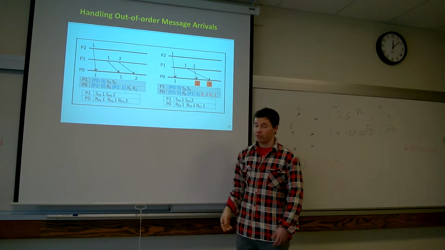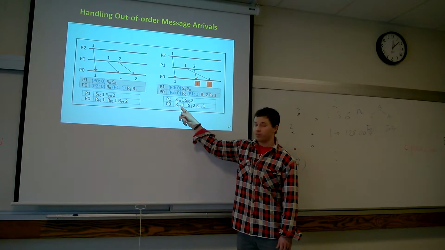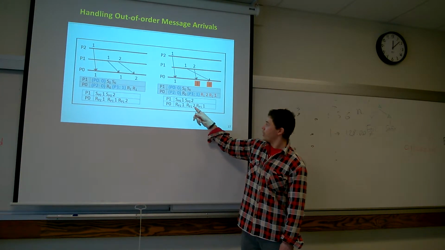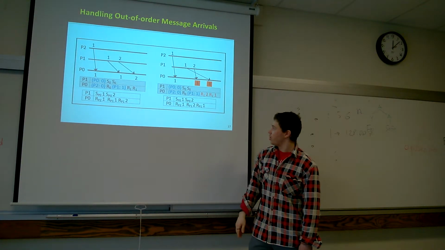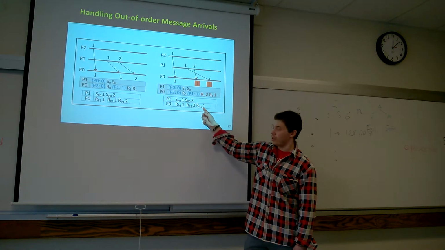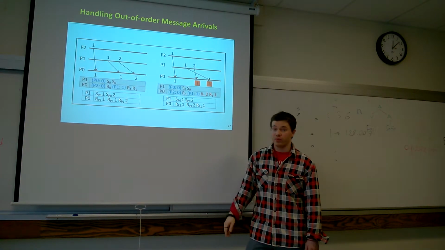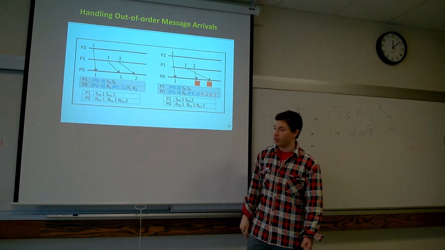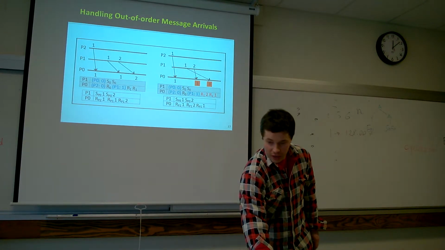Now at P0, we got a message from P2, which doesn't matter here, but now we get out of order: first message number 2 from P1, and then message number 1 from P1. So we recognize that we got out of order.